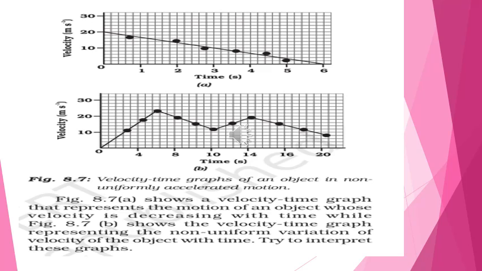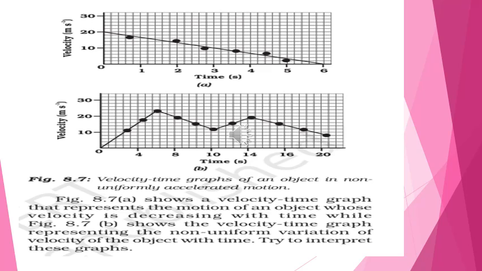The first graph shows the velocity decreases according to the time, representing the motion of an object whose velocity is decreasing with the time. And the second graph shows the velocity time graph representing the non-uniform motion, variation of the velocity of the object with the time.